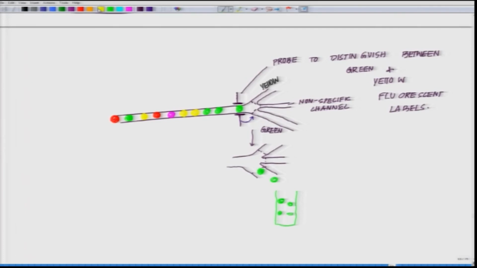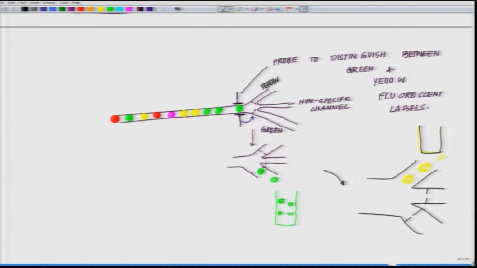Similarly, if there is a yellow one coming through, what will happen in real life? A yellow cell coming, this gate will remain closed, this will open and the yellow cell will move here, and you can collect all the yellow cells in your bucket.